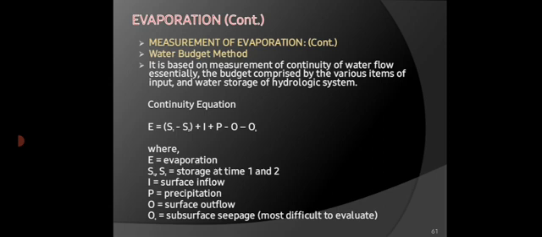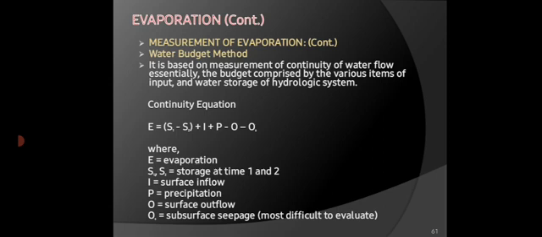P is obviously precipitation, the amount of rainfall. O is surface outflow. Outflow is how much amount of water is withdrawn from that water body. And OS is subsurface seepage, how much amount of water seeps from that water body.